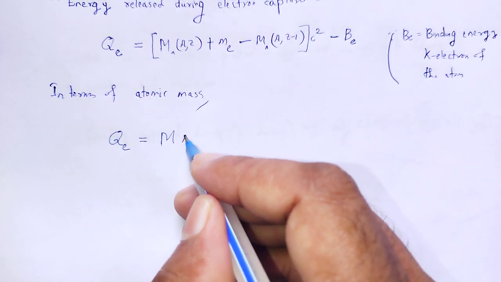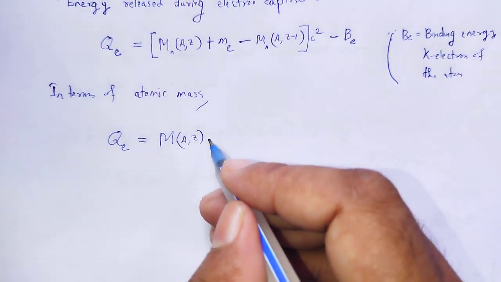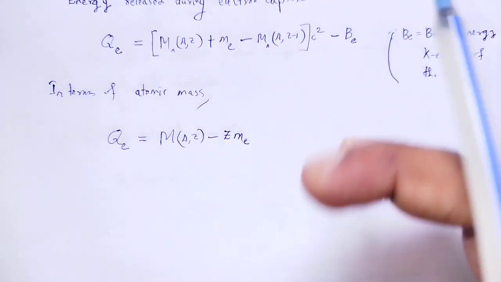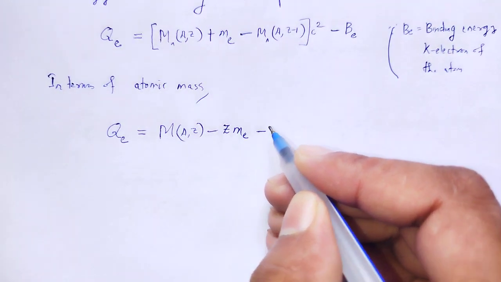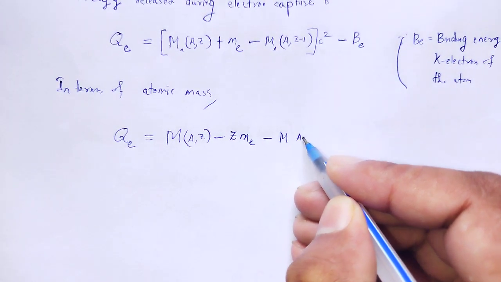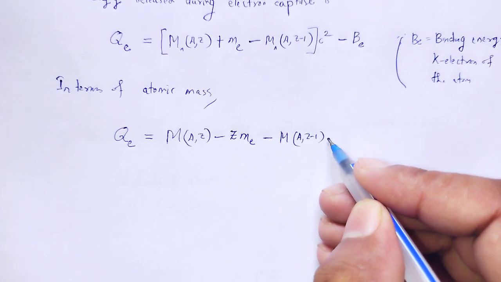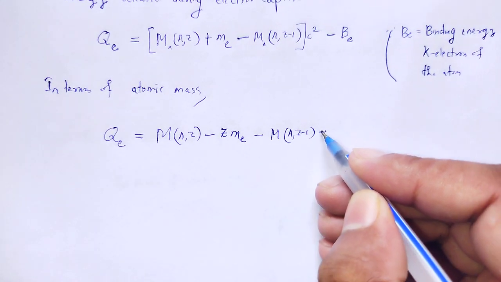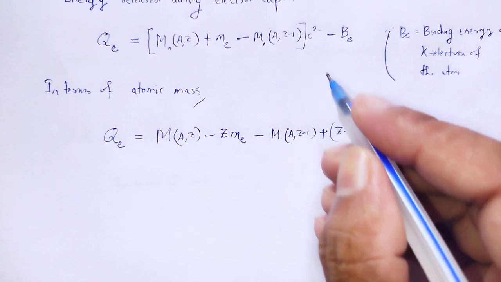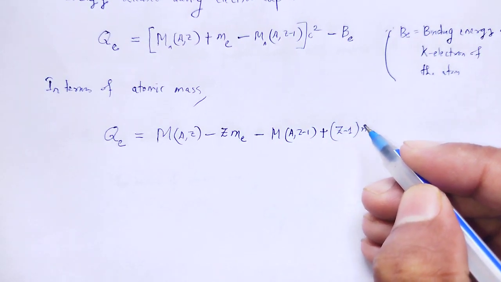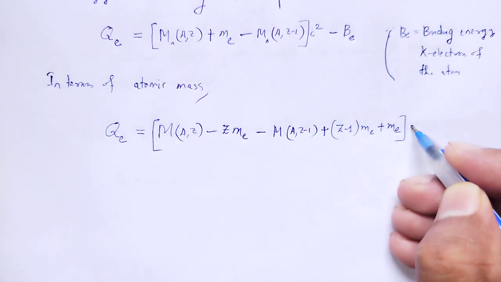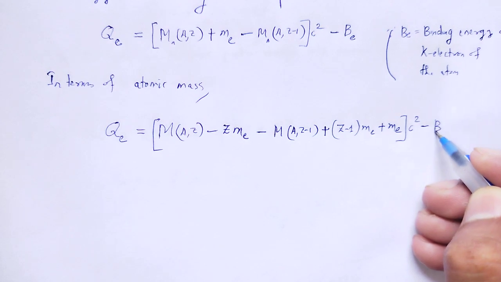Here is M A Z minus the atomic number times the mass of the electron, that be the nuclear mass, minus in the daughter nucleus M A Z minus 1 plus Z minus 1 times the mass of the electron, plus me, into c square minus Be.